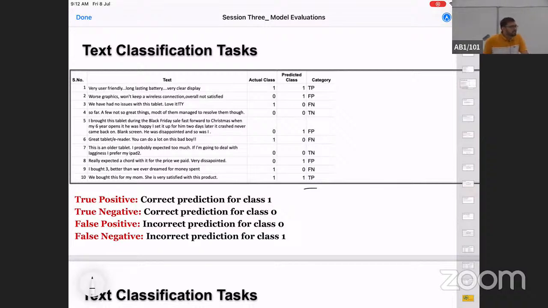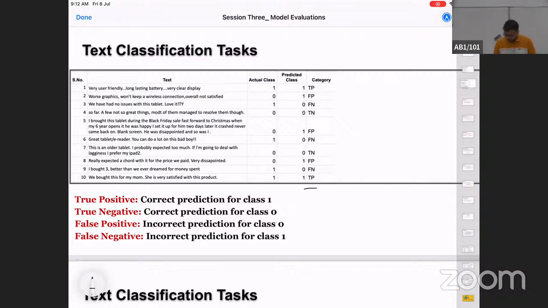Precision is equal to true positive divided by true positive plus false positive, right? Is that correct? So what would be that value here for our example?